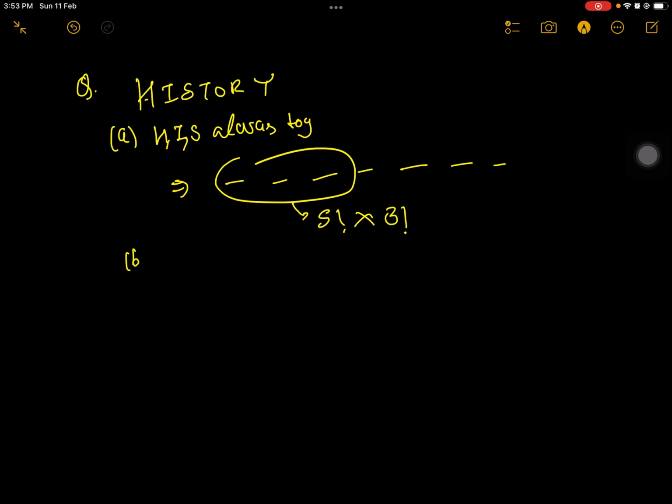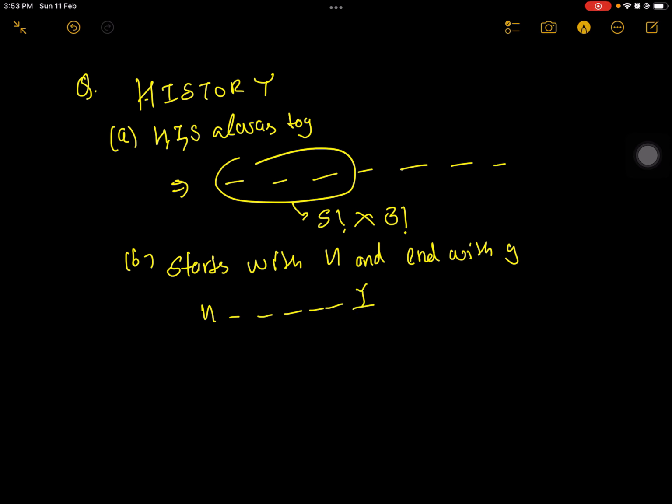Now if you look at B part, it starts with H and ends with Y. HISTOR. What 5 factorial things you can put there? Okay.